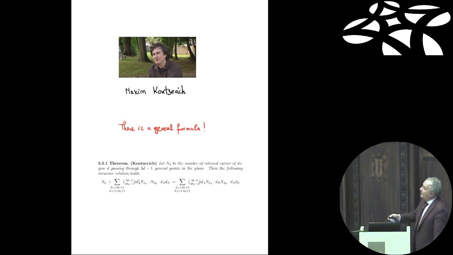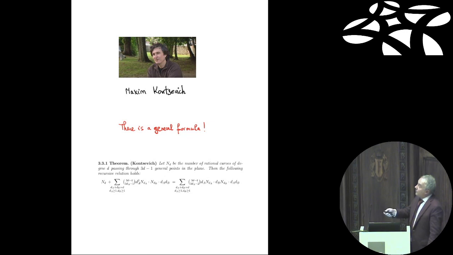You have these N_d and you have an equality here. So you want to compute N_d. You have two sides. On the left-hand side, you have N_d, and you have this ugly sum, but which is not that ugly because here you have binomial coefficients. And in fact, you cut d into a sum of two numbers, both non-zero, one called d_A, the other d_B.